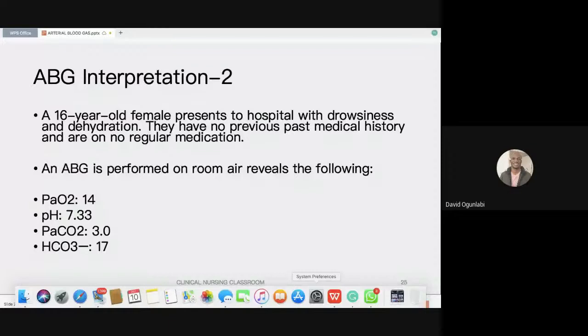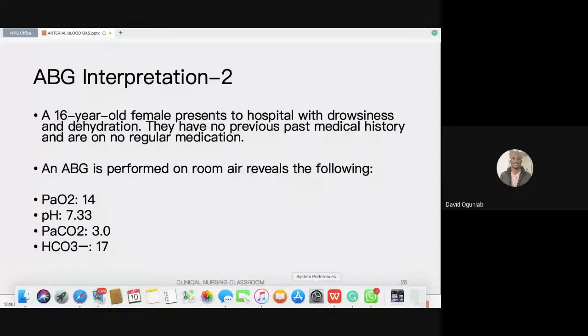So what do you see about this bicarbonate? Is this acidosis or alkalosis? Acidosis. So now bicarbonate is pointing in the same direction as our pH. So we can conclude that this is metabolic acidosis.